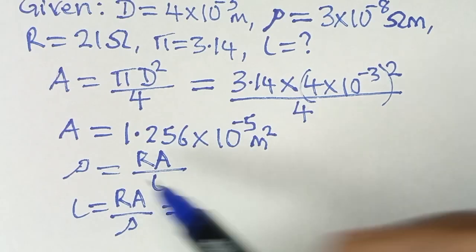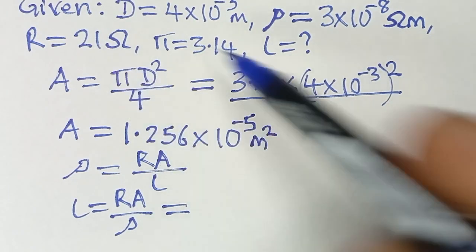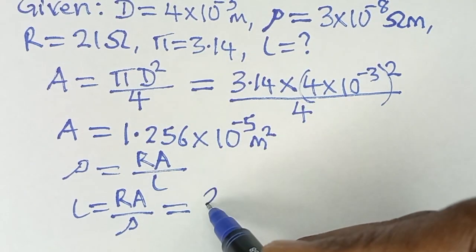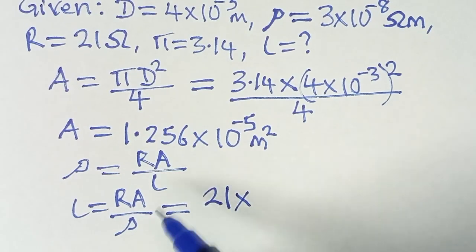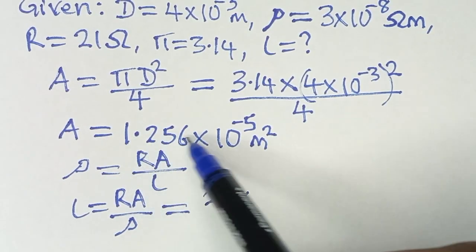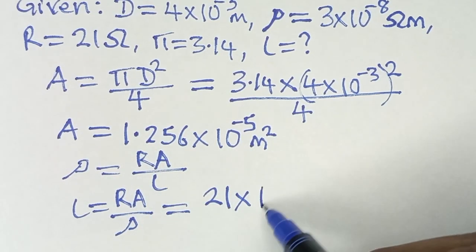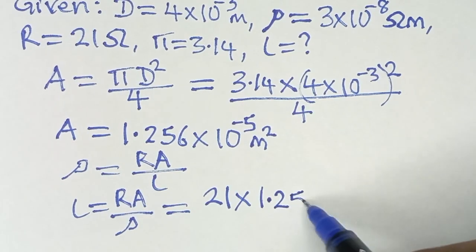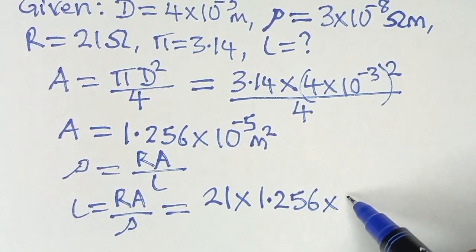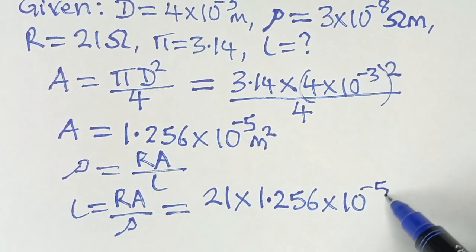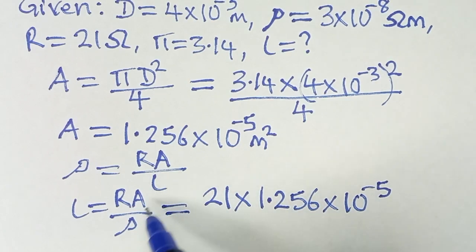R is the resistance, and that is 21 ohm. You can see it here. So the resistance is 21 multiplied by the area. That is what we just calculated now. This is the area, and that is 1.256 multiplied by 10 raised to the power minus 5. That's the area, and then divided by the resistivity.